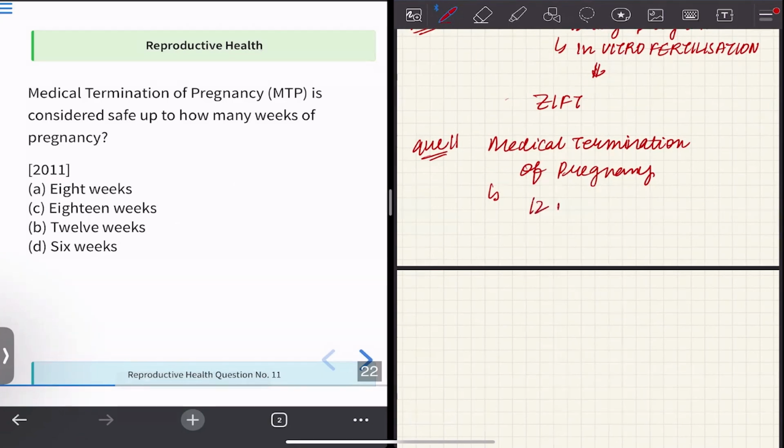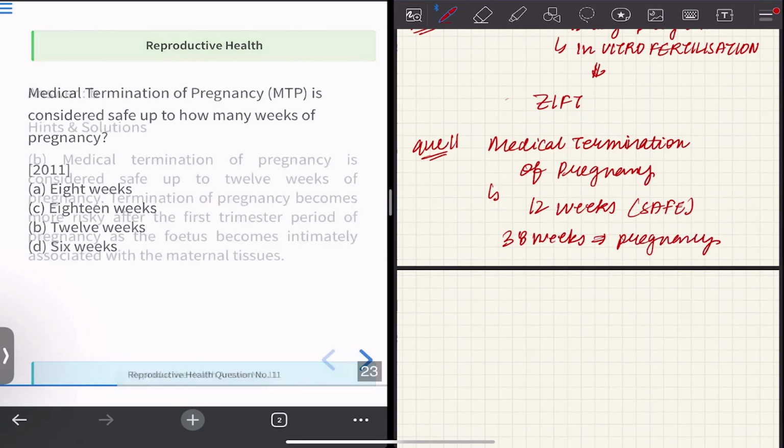So up to 12 weeks, it is considered to be safe. After 37 to 38 weeks, we consider it as full-term pregnancy. So up to 12 weeks, MTP is considered to be safe.